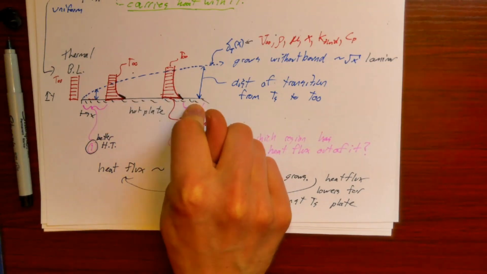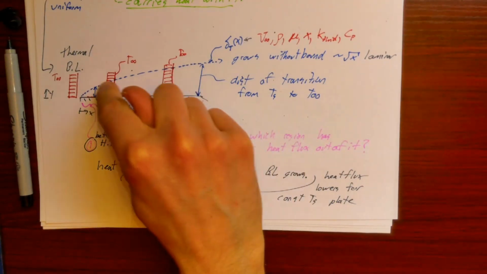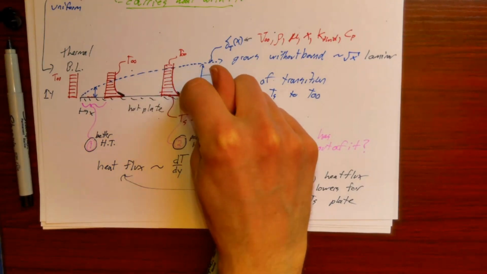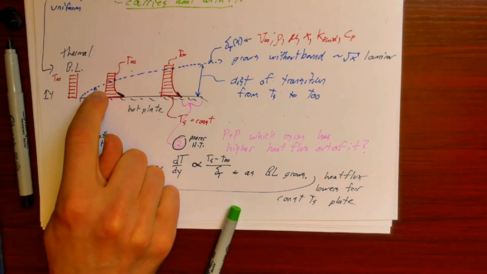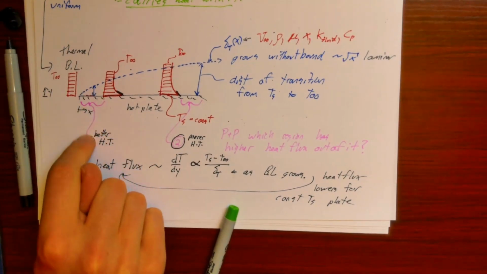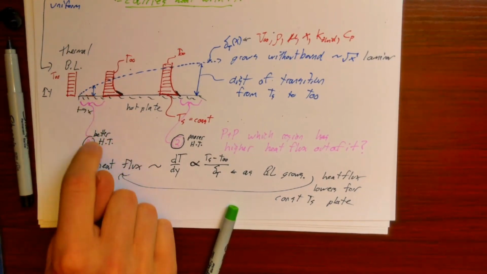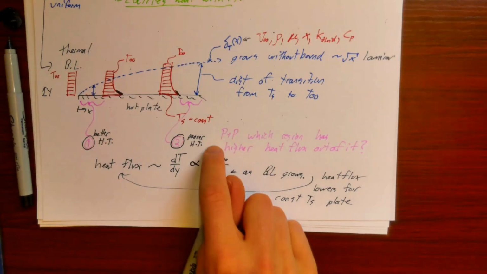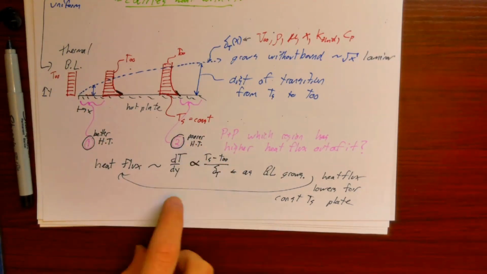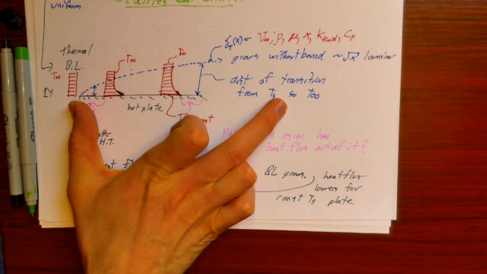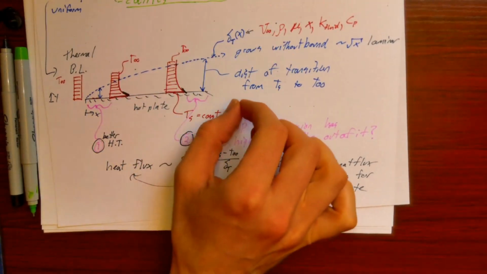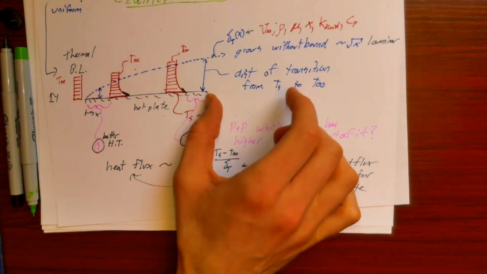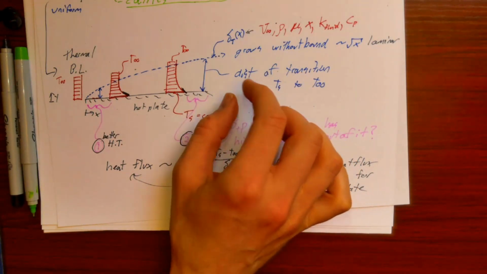So the upstream region of the plate oftentimes gets better heat transfer than the downstream region of the plate. As you increase the length of the plate, yes, you still get overall more heat transfer to the environment, but it's kind of a decreasing marginal return.